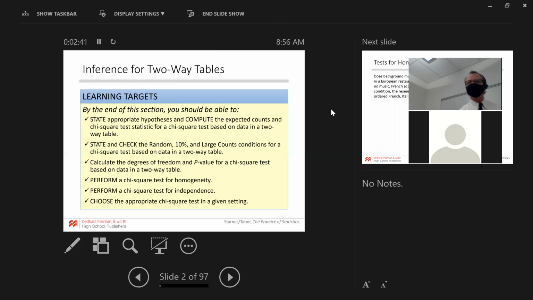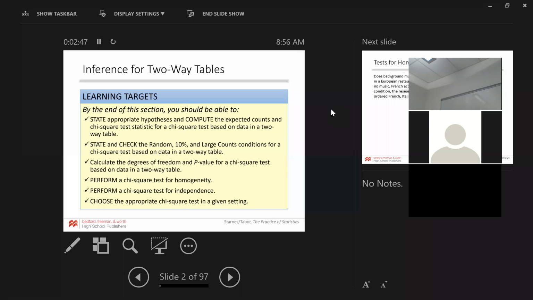No one? No one in the room knows the definition of p-value. Megan.